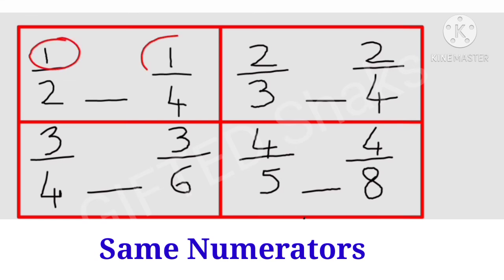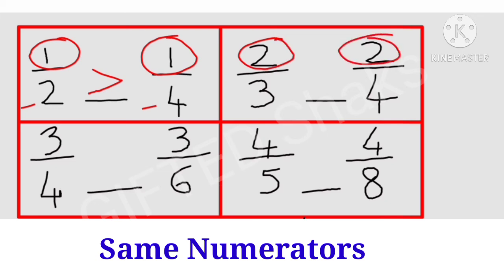Now you're having same numerators here. So what you will do is, you'll check for the denominator. And as I said, you will go reverse in this. So this 2 is smaller, so this becomes bigger. Now here, you have same numerators.